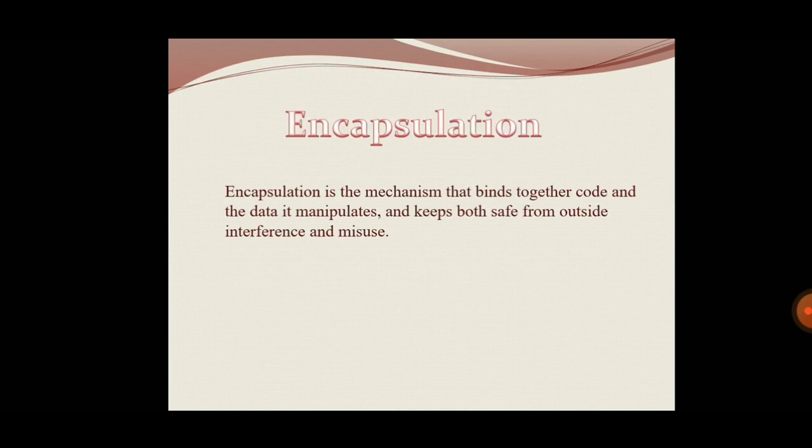Next is the encapsulation. Encapsulation is a mechanism that binds together code and data. It manipulates and keeps both safe from outside interference and misuse. In Java, the basis of encapsulation is the class. So there are mechanisms for hiding the complexity of the implementation inside the class.